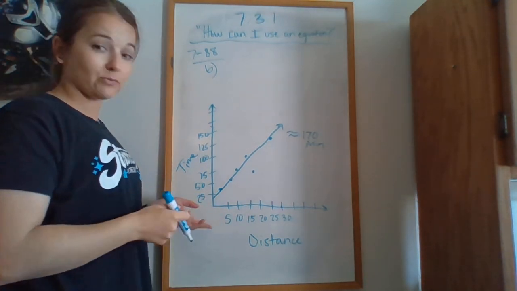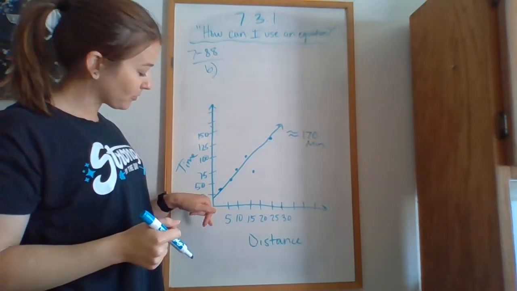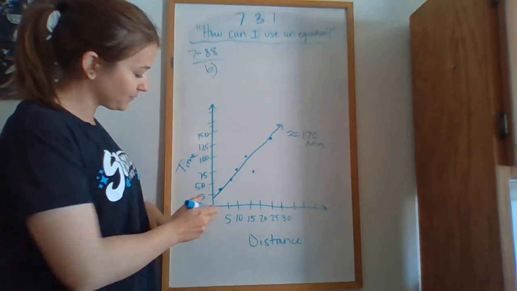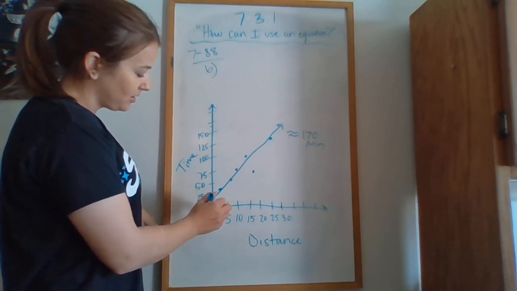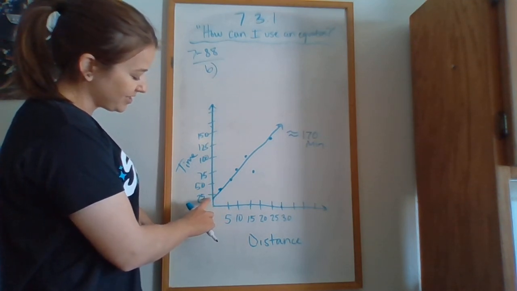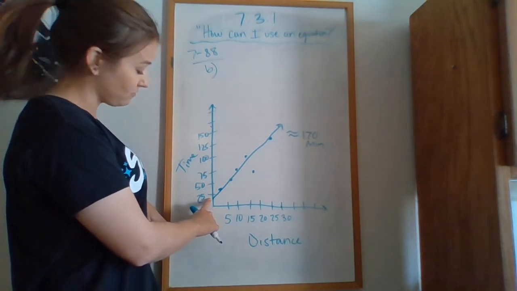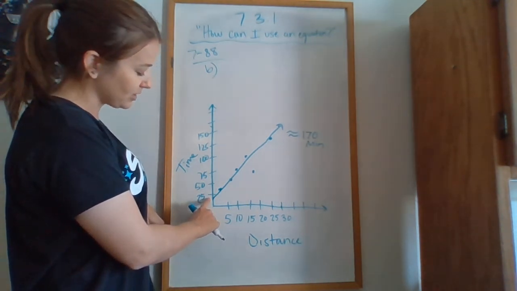So the y-intercept, if we look at the graph, we want to see where approximately it's crossing the y-axis, and it's right about here. So if I go up, that's probably about 22, 23? I would say 22.